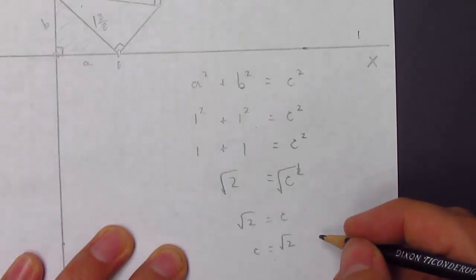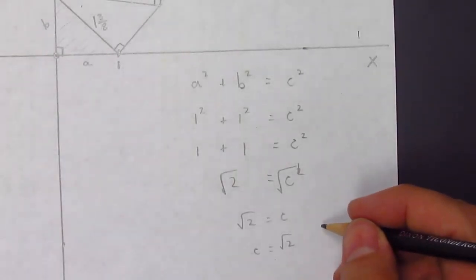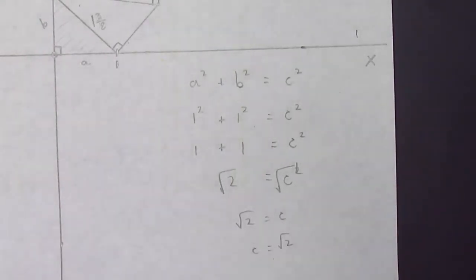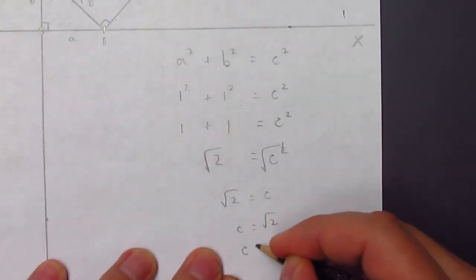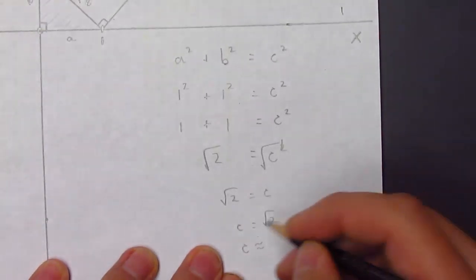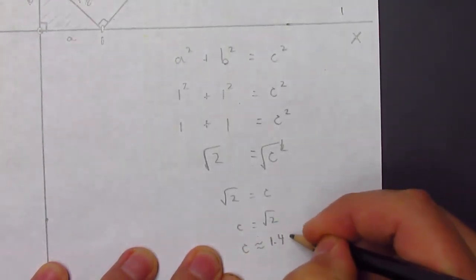And if you've already talked about decimal approximations, you can also have them write an approximate decimal value as 1.414.